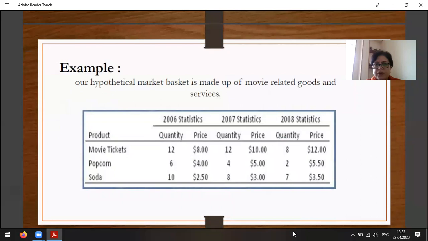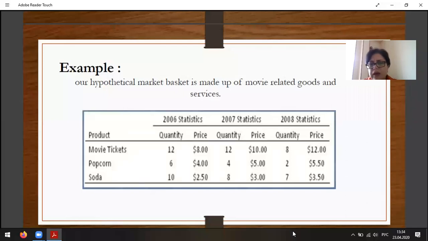We can discuss many different theoretical approaches, but in my opinion, the best way to understand the real content of this economic approach is to follow an example. You can see an example. This is a hypothetical market basket, and you see the different years.